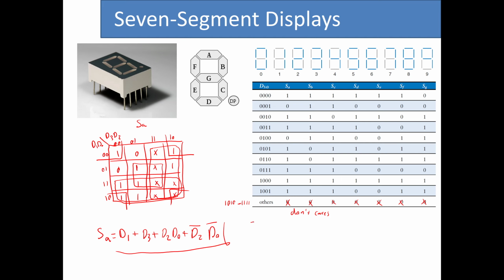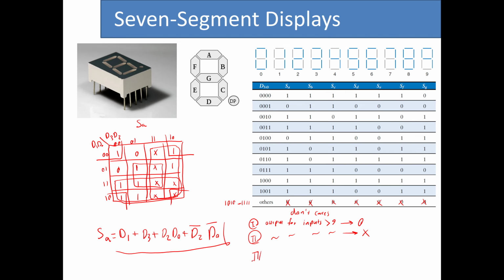So let's just quickly go over the different cases that a 7-segment display can have. The first one that we saw in the previous slide was output for inputs greater than 9 being zeros. The second case that I just explained here is output for inputs greater than 9 being don't care.